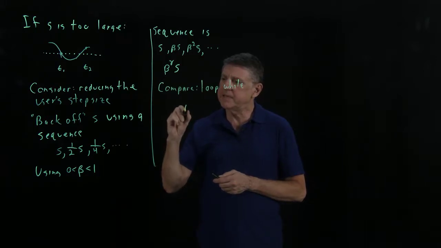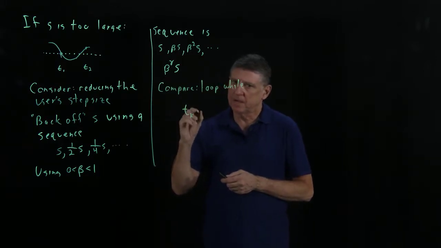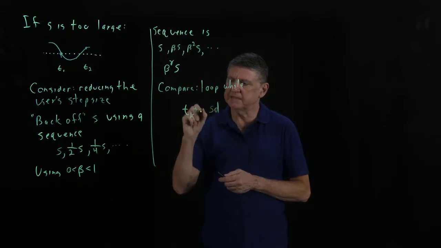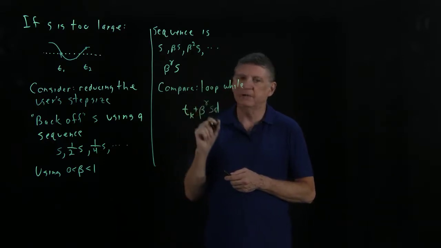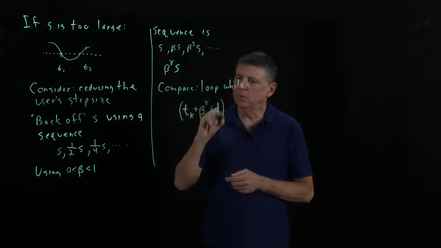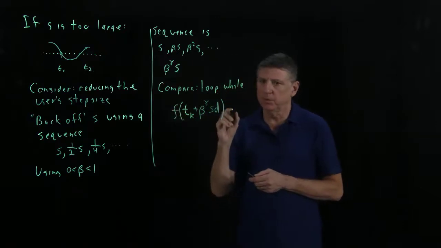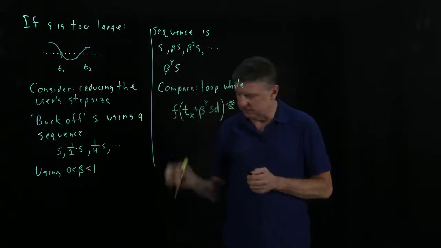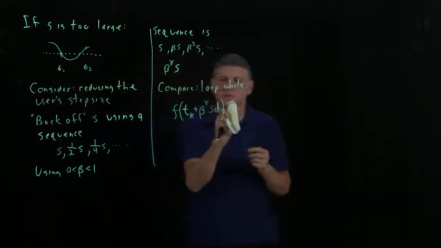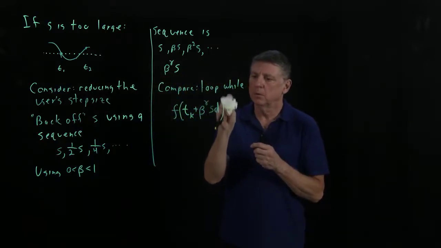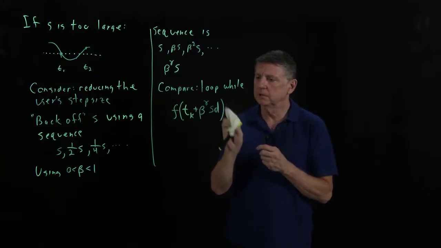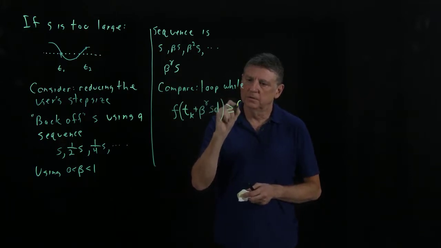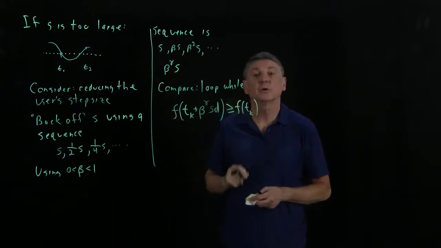What we're saying is that if we start at t k and take a step in direction d, that is the user's s, and we multiply that repeatedly by gamma, then when we evaluate the function at that new point, since I stated this as a while problem, we want this to be greater than or equal to the function evaluated at our current estimate.